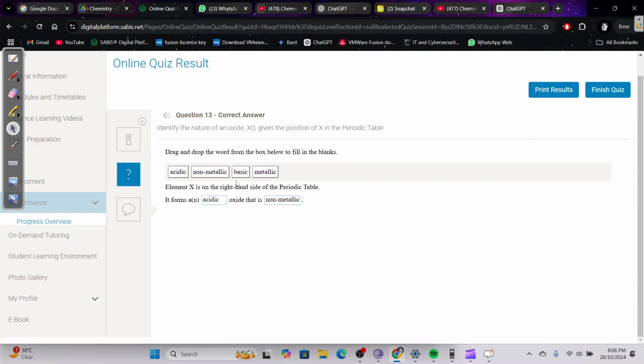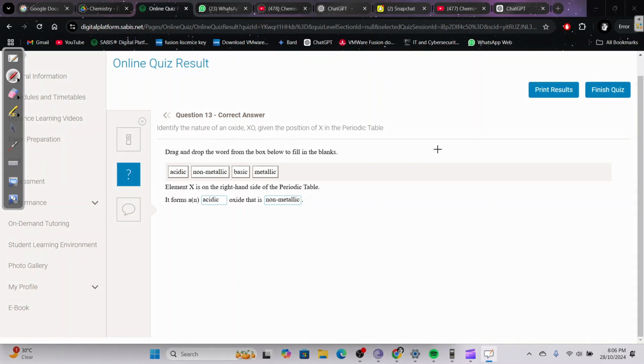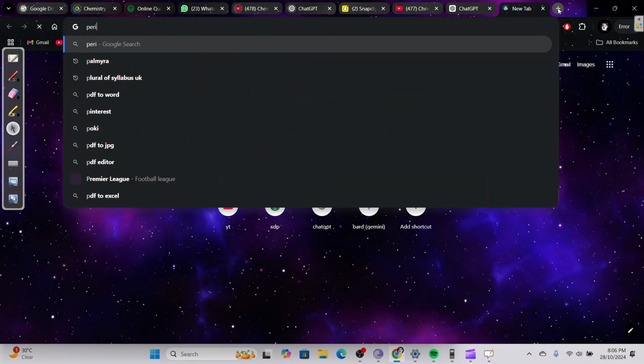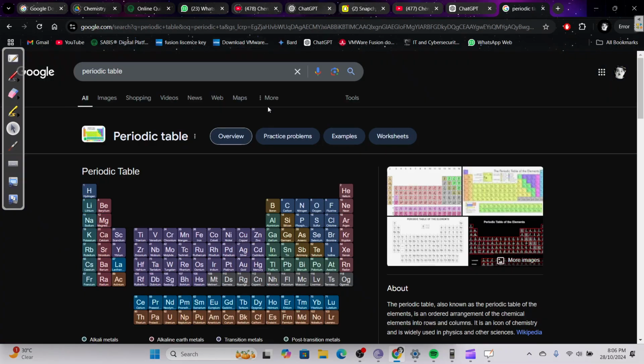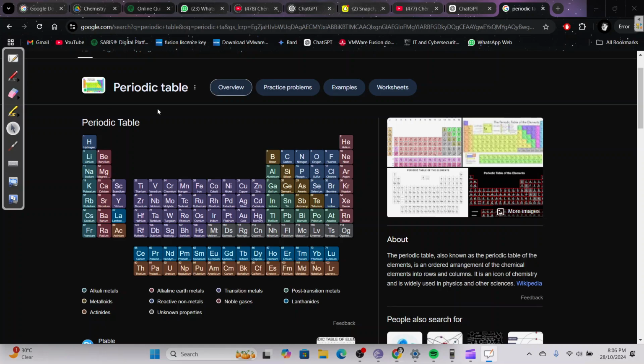Okay. Element X is on the right hand side of the periodic table. It forms an acidic oxide that's non-metallic. Again, remember your periodic table, or I'll just pull it up right here. Generally anything after this line, which are our semi-metals, is a non-metal.